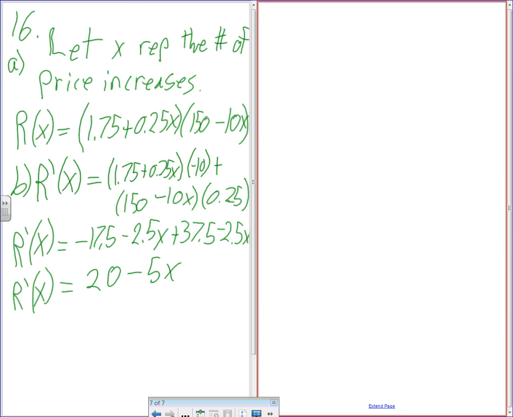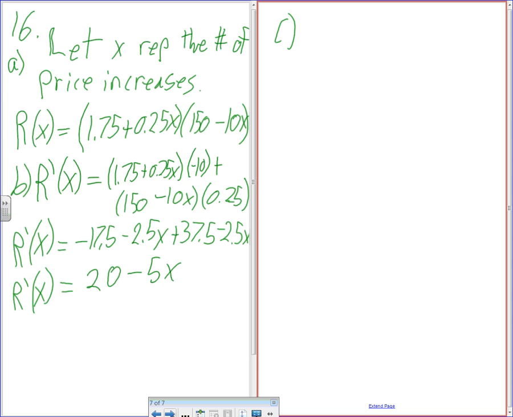So then it says compare the rate of change of revenue when the prices increase by 0.25, 75 cents, $1, $1.25, $1.50. So now we find that in terms of x. So at 25 cents, that means x equals 1.